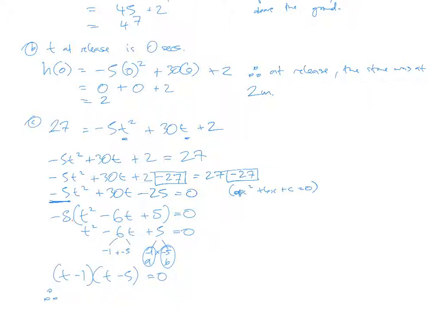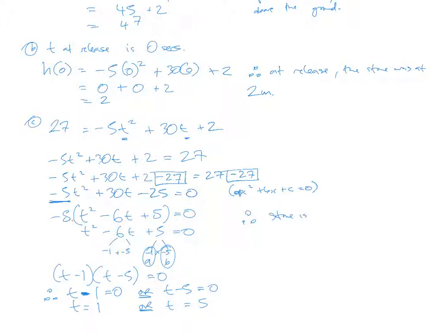Therefore, t take 1 is equal to 0, or, let's do all the steps instead of skipping, t take 5 is equal to 0. So t can either be 1 or t can be 5.